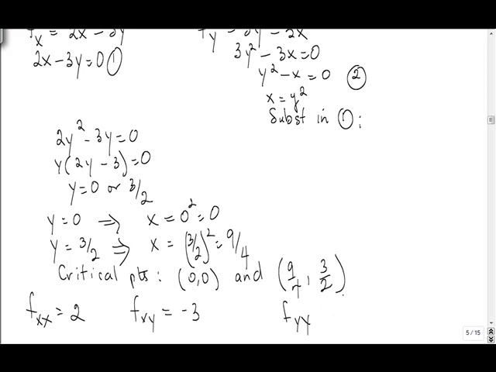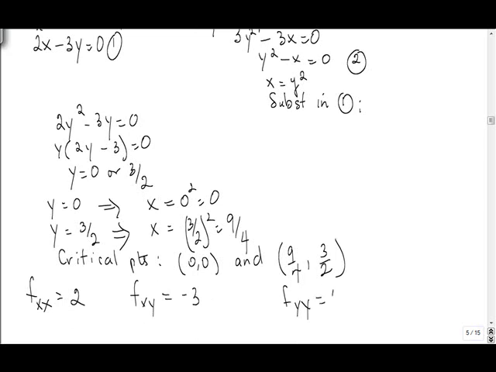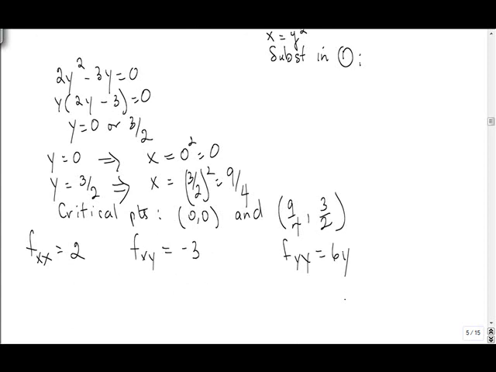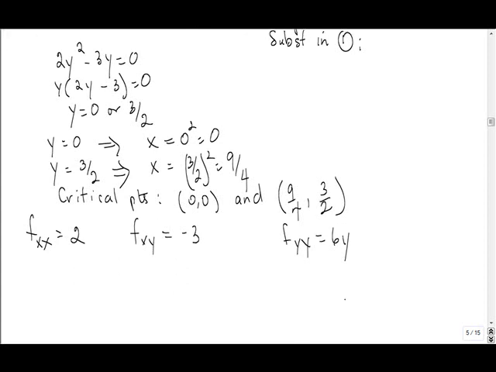And fyy, what is it? 6y. Now this is what I would advise you to do when you have more than 1 point. Draw a little table, because you'll have to find all of these values at the points, right? So this is what I would do. Draw a little table, and it's going to help you tremendously.